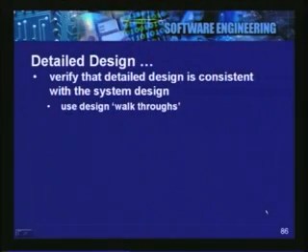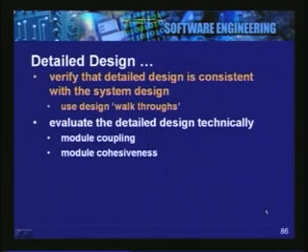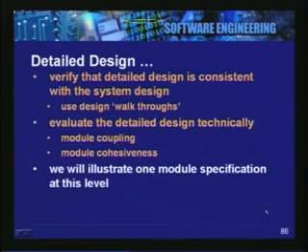We will also do a detailed design walkthrough to ensure that the specifications are complete and consistent. At this point, we can evaluate module coupling and cohesiveness again to fine tune our first level design.